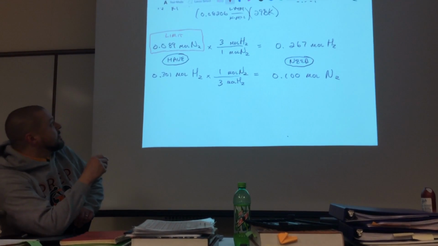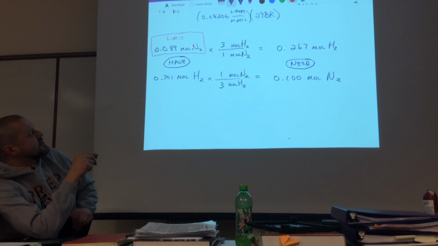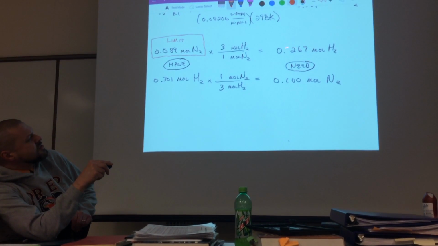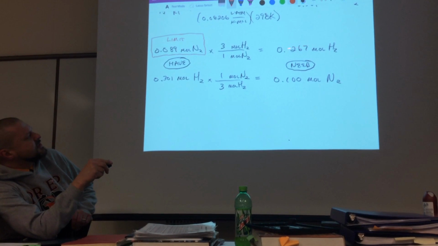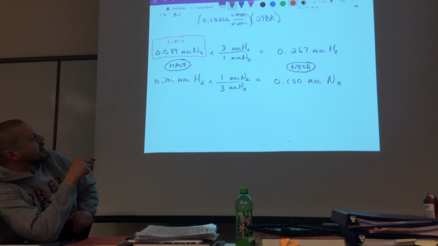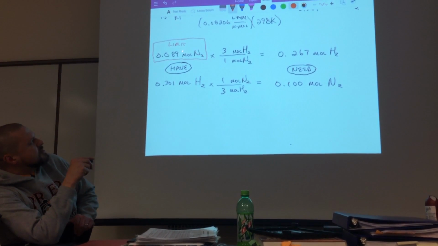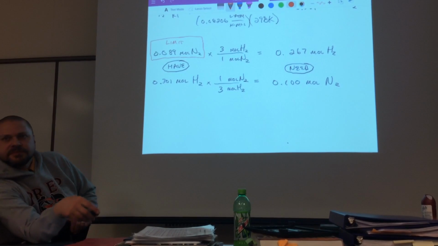This is telling me you've got 0.089 moles of N2. If you want to use all that N2 up, you need 0.267 moles of H2. Do I have at least 0.267 moles of H2? Yep, got plenty. But if I want to use up all this H2, 0.301, I need 0.1 moles of N2. Do I have 0.1 moles? Nope, ain't got enough.